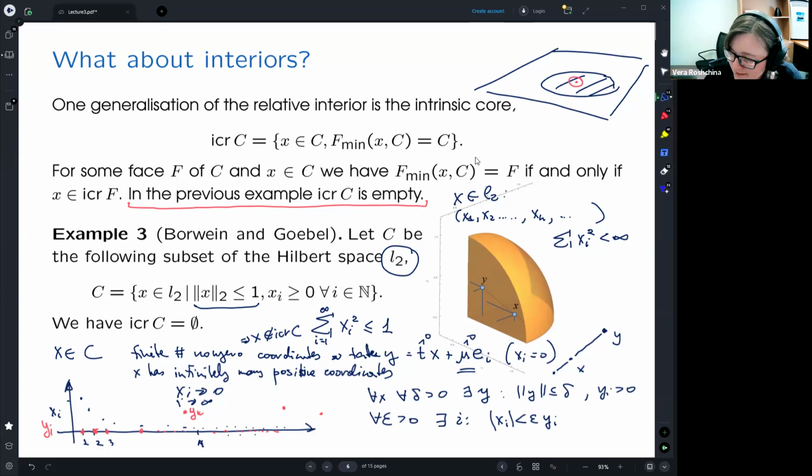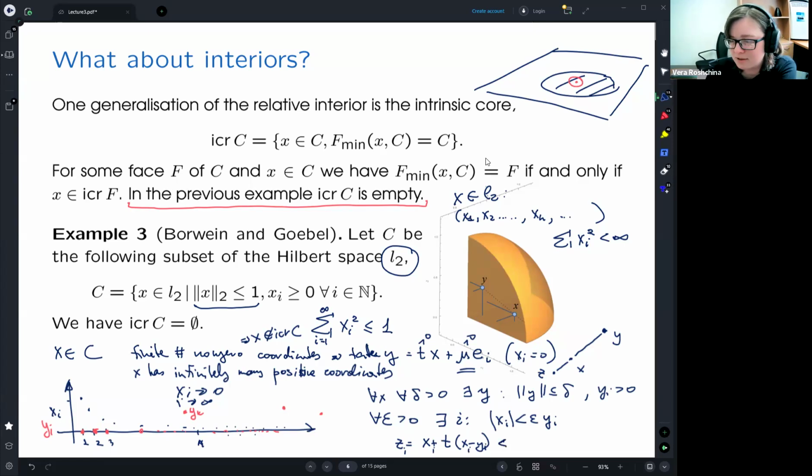So if I connect y and x, because I will be looking at the ith coordinates of this point z, I will have z equals to, say, x plus some t, x minus y, and then I will bound this particular coordinate that I have. So I want this to be in the set C for any coordinate. So I will bound it by this.